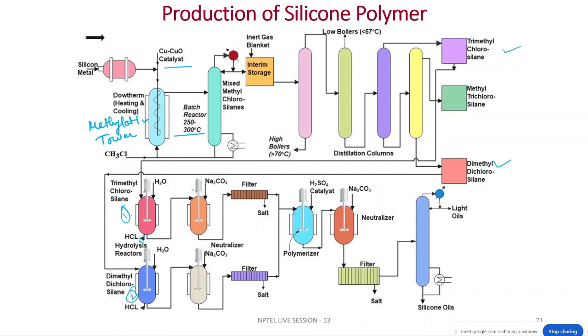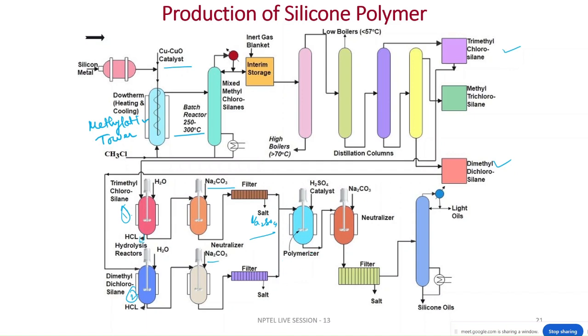The product is further taken for neutralization, because there might be excess HCl. So we are adding Na2CO3 in both of the processes, which is known as the neutralization process, and then further sent to filters, and the Na2SO4 salt will be separated out.